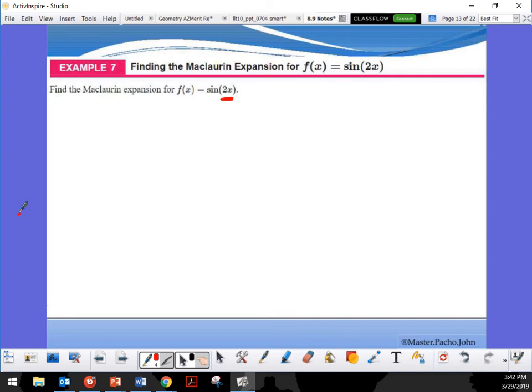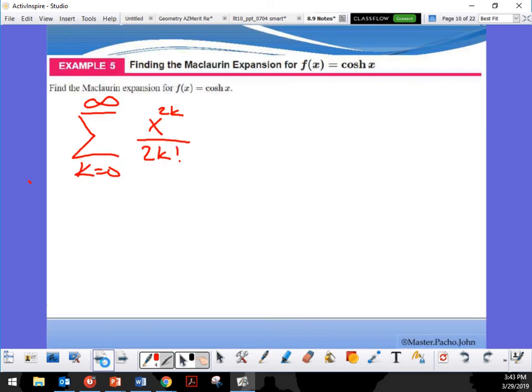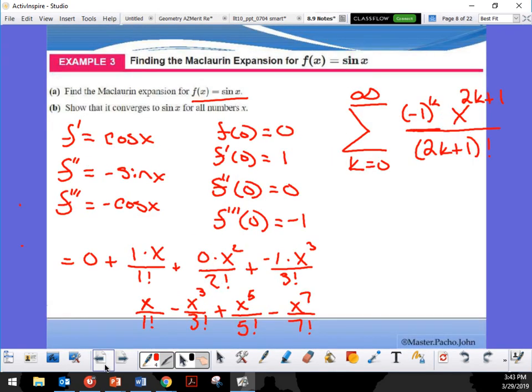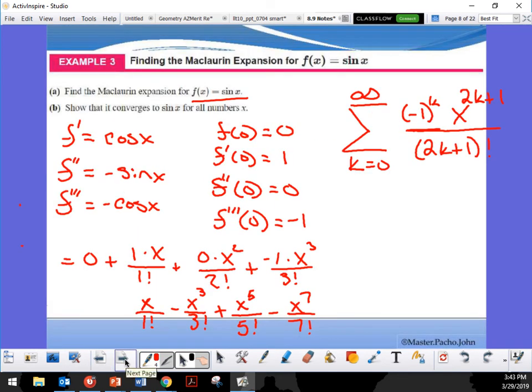All right, so let's take that previous one from the other example of the sin x, right? So this is going to be, what did sin x start with? Did it start with 1 or did it start with x? Okay, there we go. Right there. So my first term should be x, right?